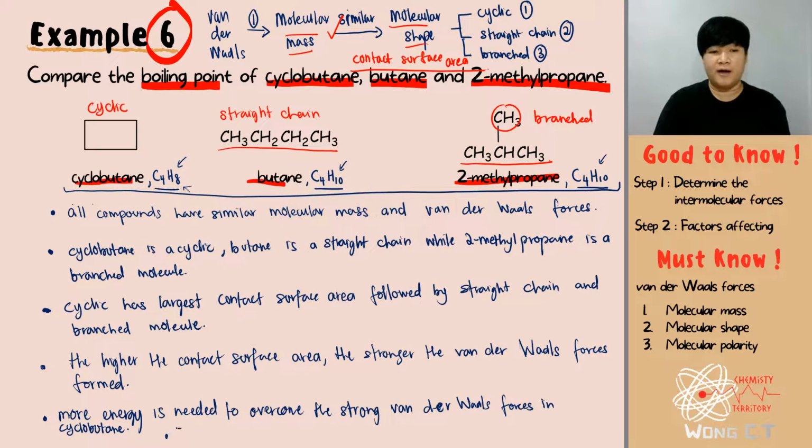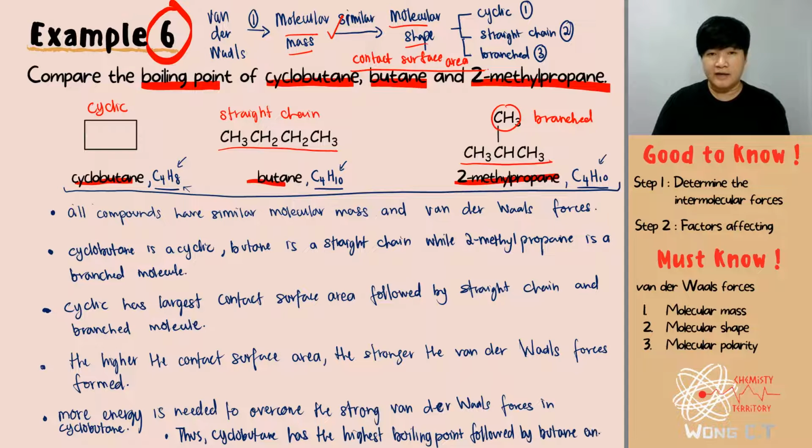And therefore, as a result, your cyclobutane has the highest boiling point, followed by butane and 2-methylpropane.